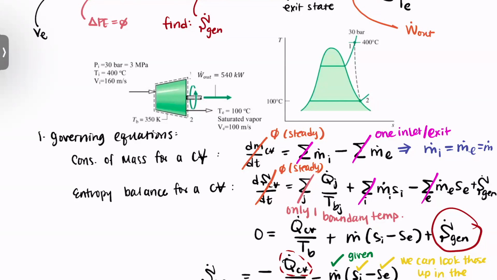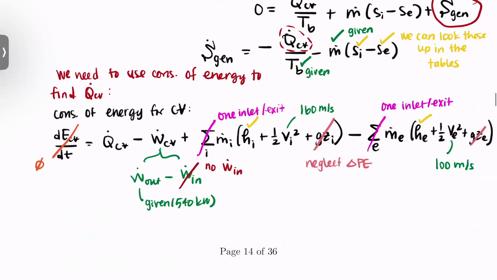Okay, so let's do the tables, shall we? We're going to find hI, sI, hE, and sE from the tables. And once we do that, essentially the problem is done.